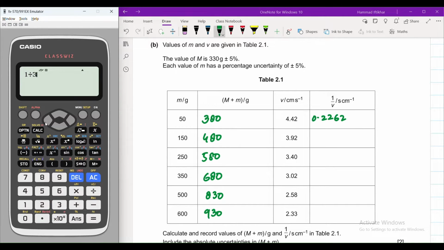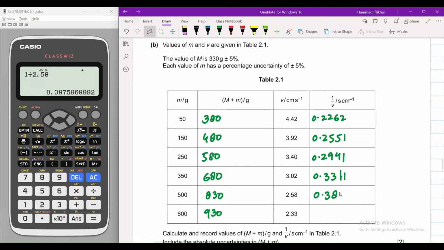So 3.92 gives 0.2551. Then 3.40 gives 0.2941. 3.02 gives 0.3311. 2.58 gives 0.3876, and then 2.33 gives 0.4292.